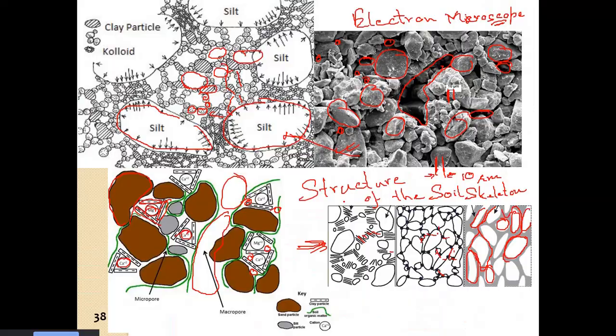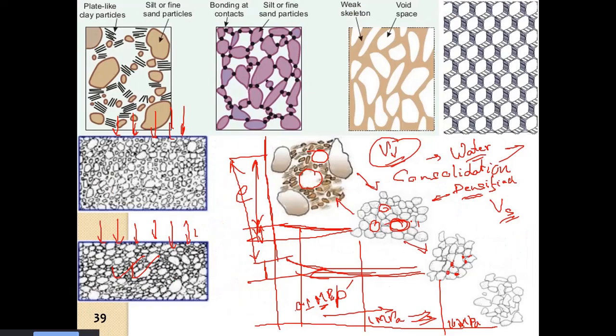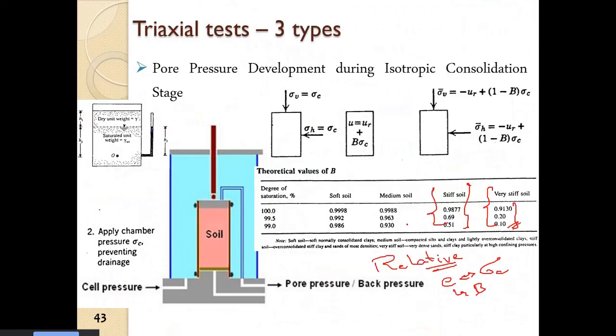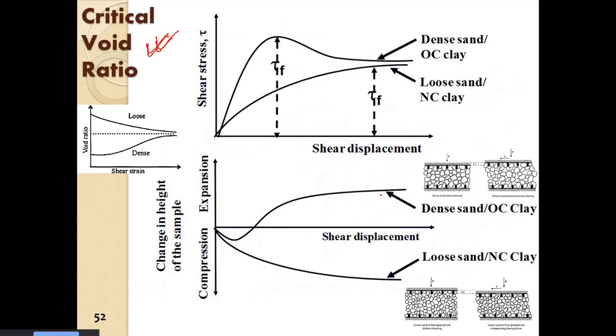When we shear at a particular confining stress, the void ratio moves to a particular value. So that is the critical void ratio. We will discuss that in detail in the next class.